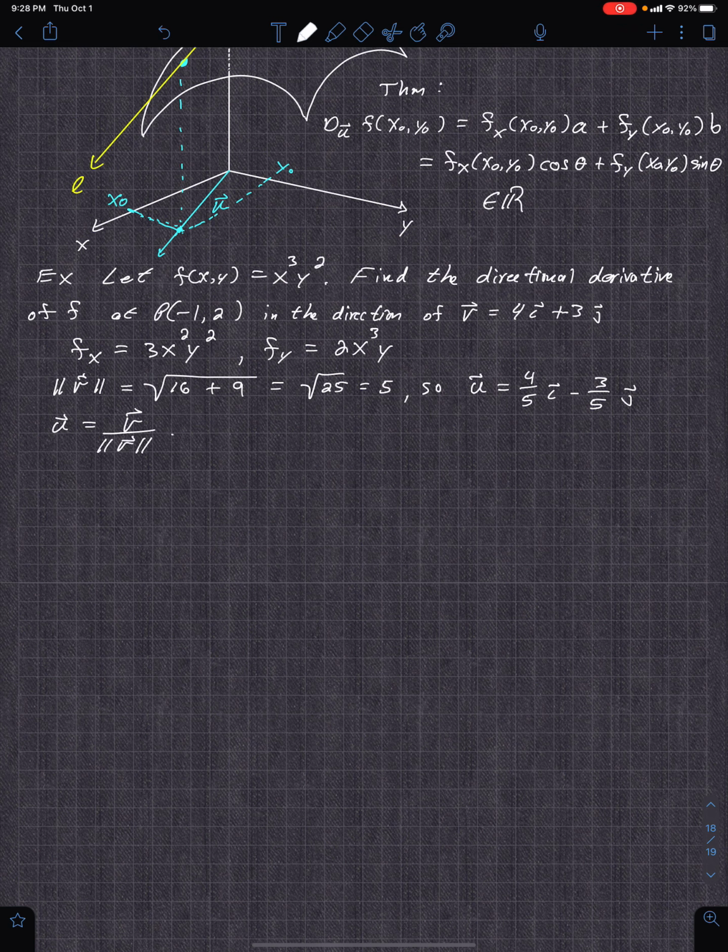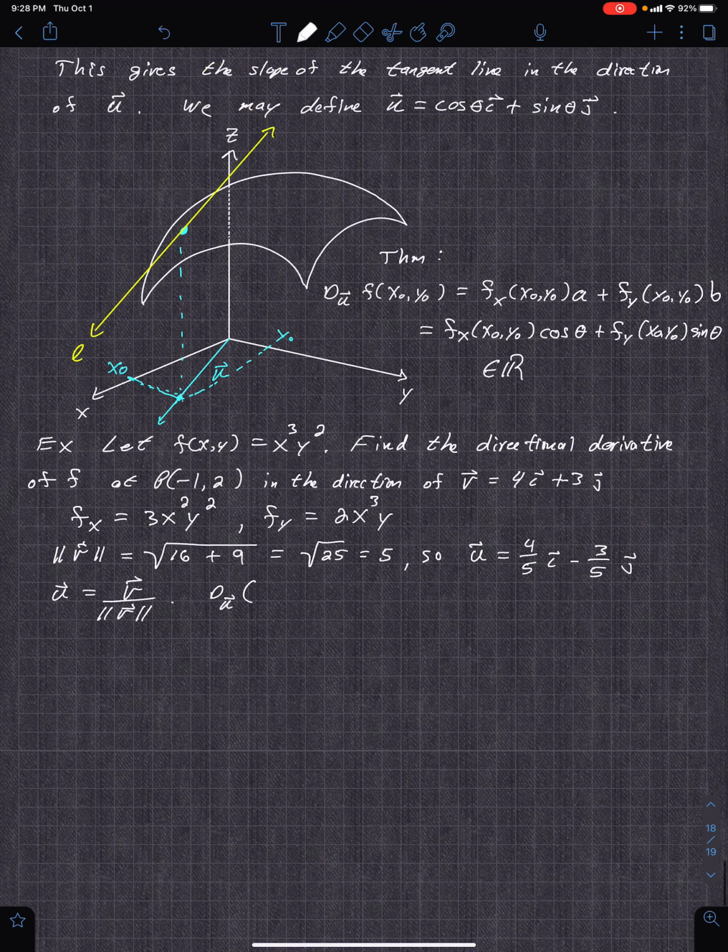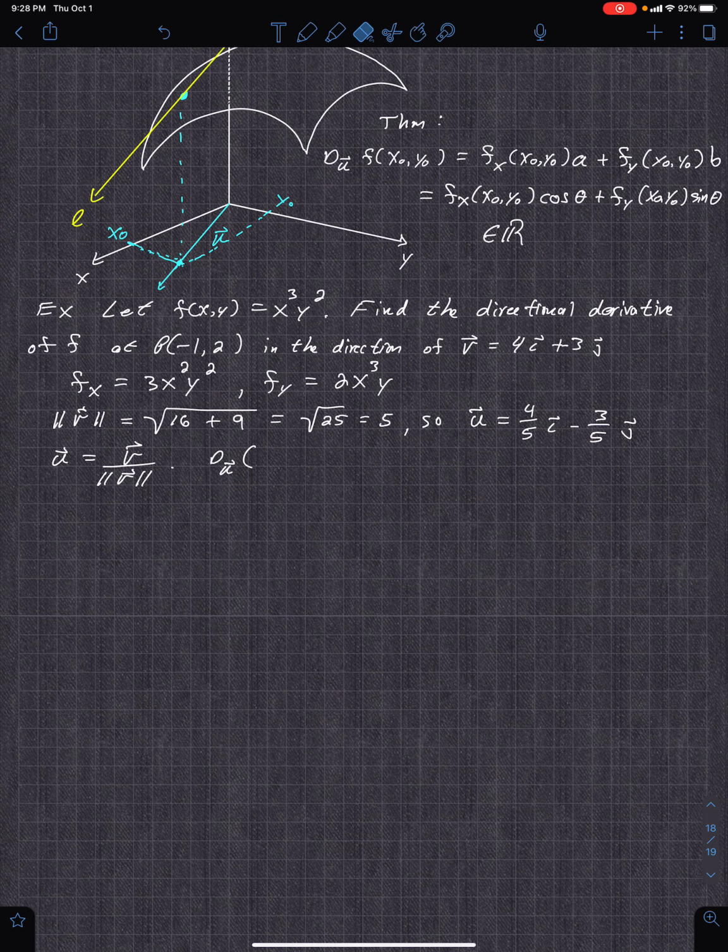Okay, so now if you calculate the directional derivative in the direction of u, evaluated at, actually we want to write an f in there, don't we? So you get f at (-1, 2). Then we want to do that calculation.